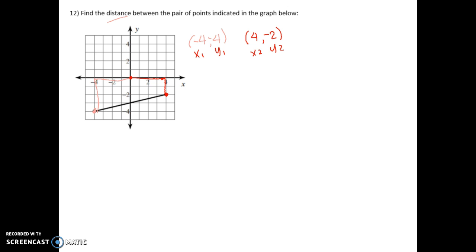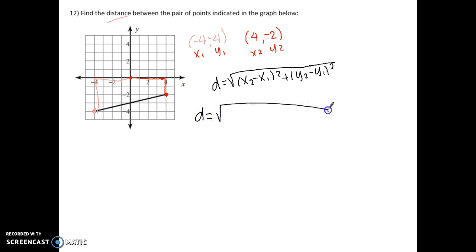Let's go ahead and write down our distance formula. So we have our distance formula right there. And let's start off with just replacing the things that we know. So we know that d is equal to the square root of these points.